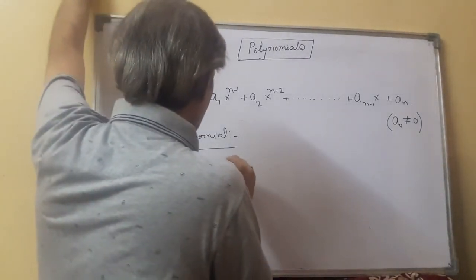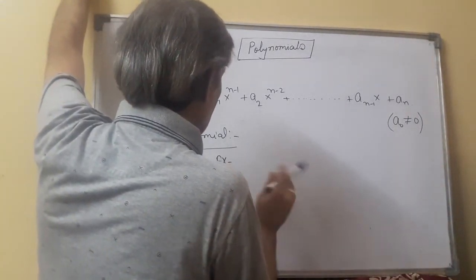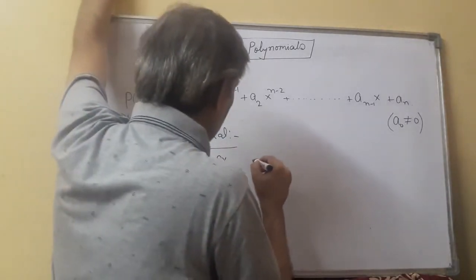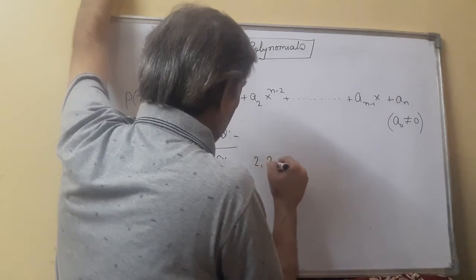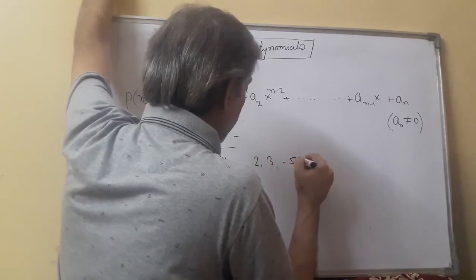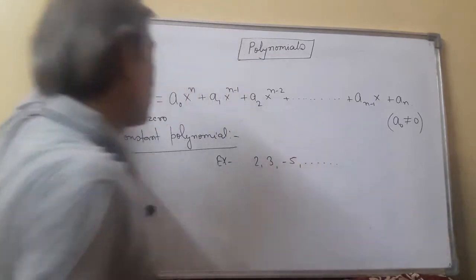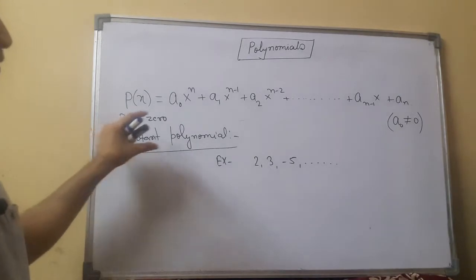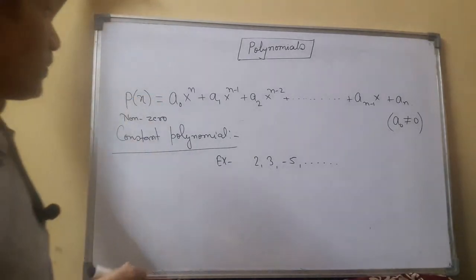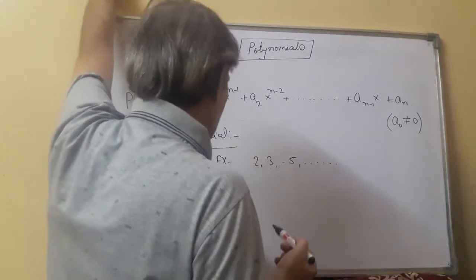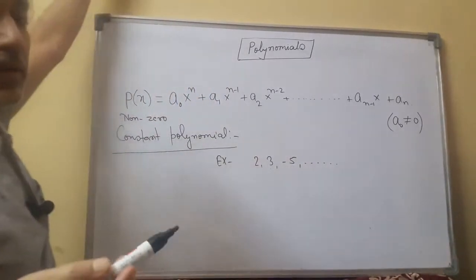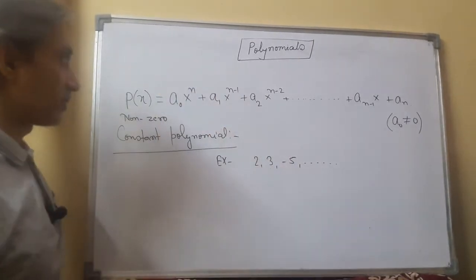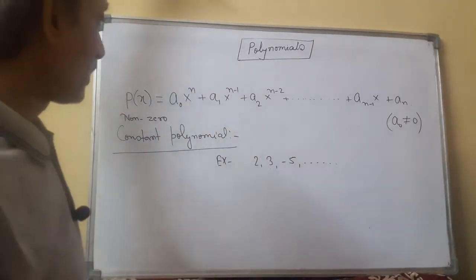For example, you take any real number other than 0: 2, 3, minus 5, any real number other than 0. All these numbers are constant polynomials. And what is its degree? Degree simply means the highest power of x present in a polynomial.